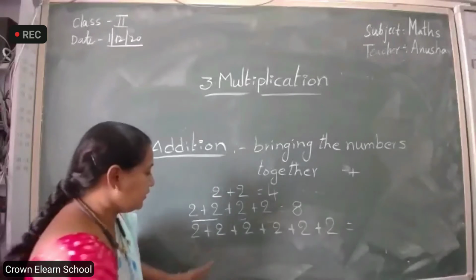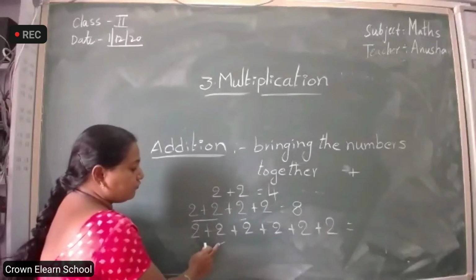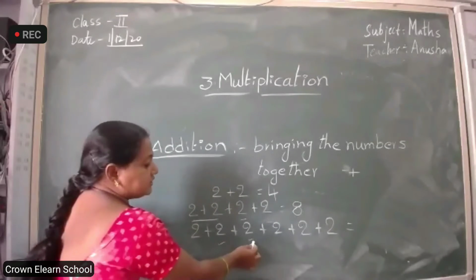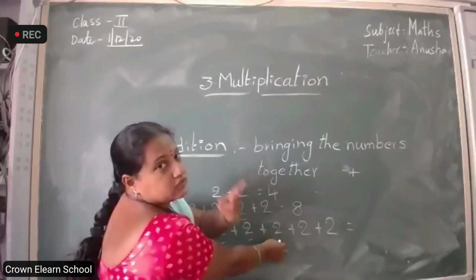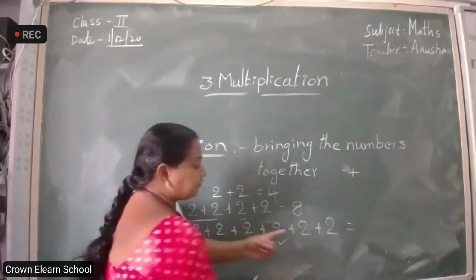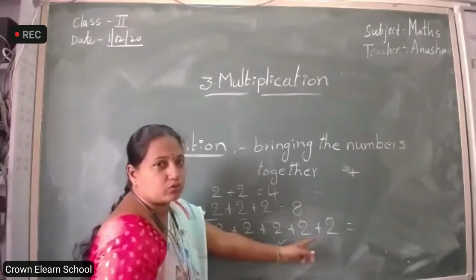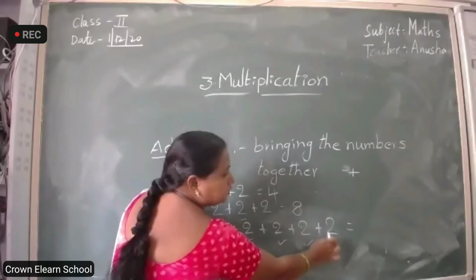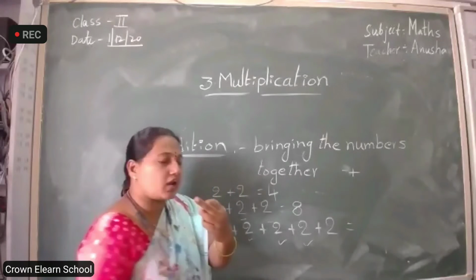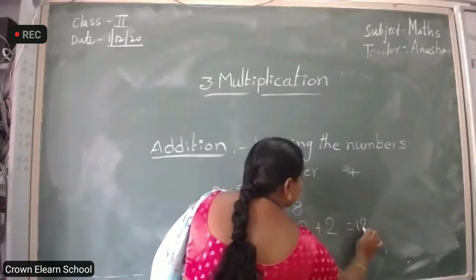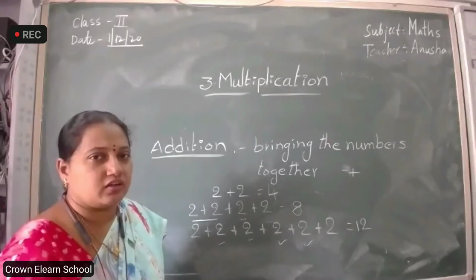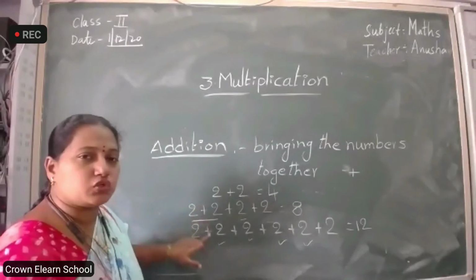Up to here, 4. 4 plus 2, 6. 6 plus 2, 7, 8. 8 plus 2, 9, 10. 10 plus 2, 11, 12. So what answer you got finally? 12. Isn't it? Now, observe these two examples here.